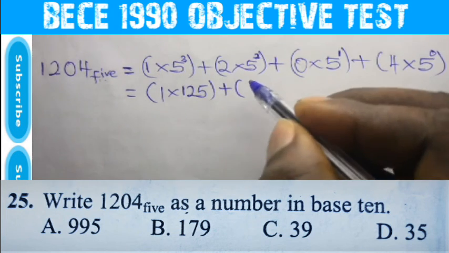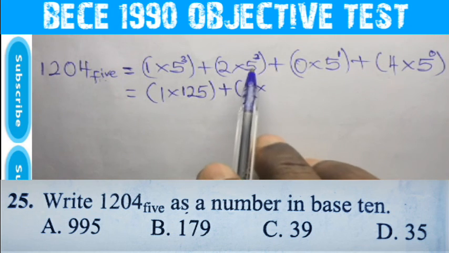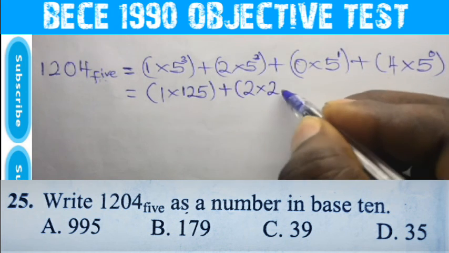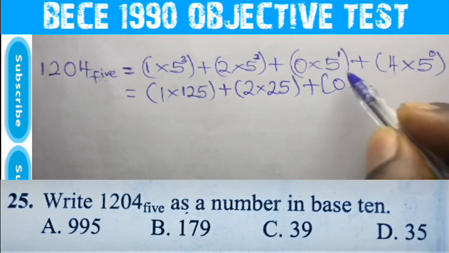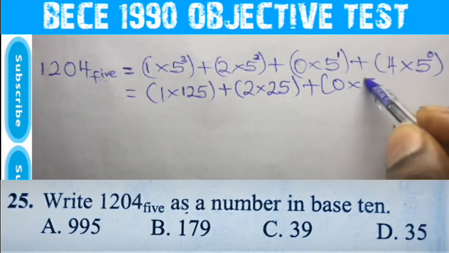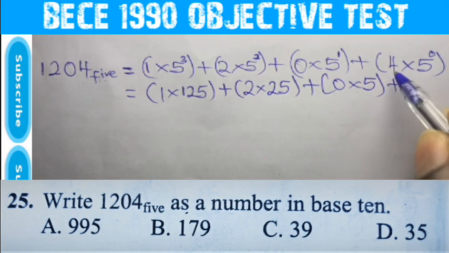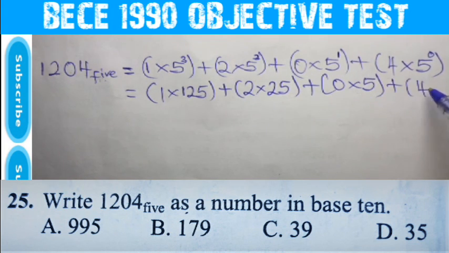Plus 2 multiplying 5 squared will give us 25. Plus 0 multiplied by 5 exponent 1 gives us 5. Plus 4 multiplied by 5 exponent 0 gives us 1.